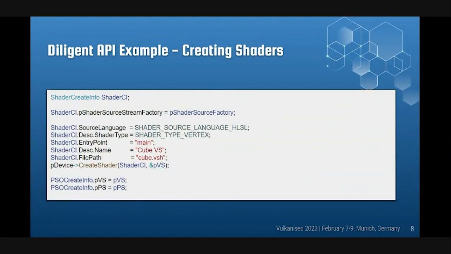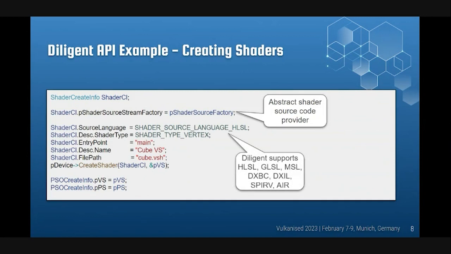Here we are creating a shader, and shader creation is also flexible. It can be done in multiple ways. A few details here: first of all, we provide an abstraction of the file system. So if the shader compiler needs to access a file system, it can do so through a user-provided source factory. Diligent supports multiple shading languages: HLSL, GLSL, Metal shading language.